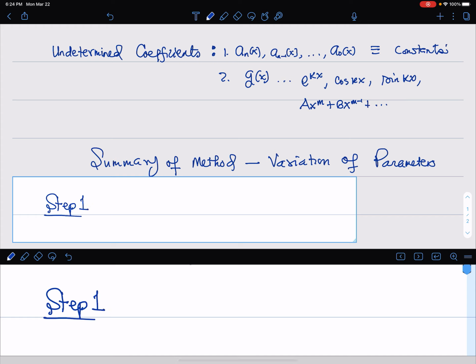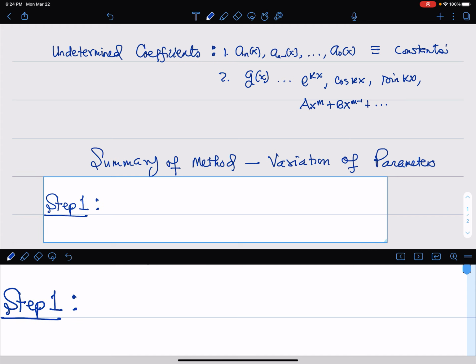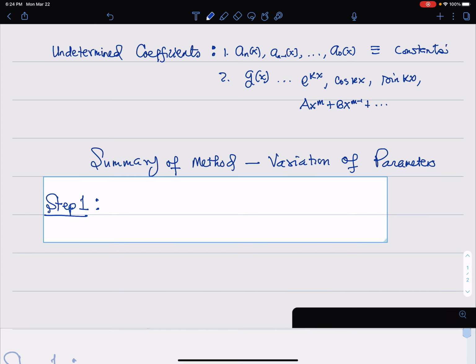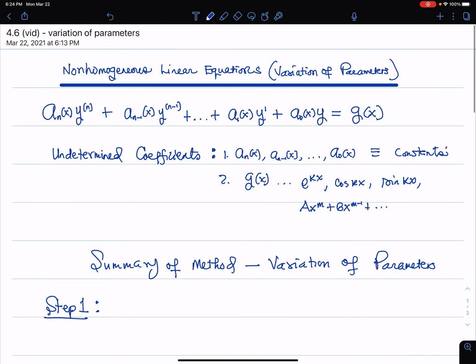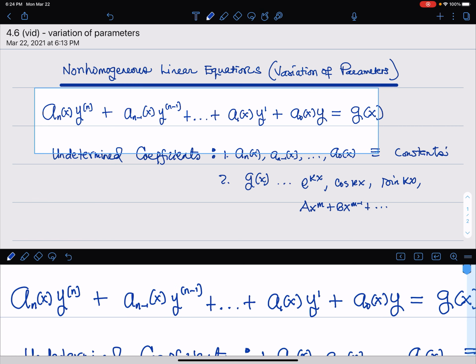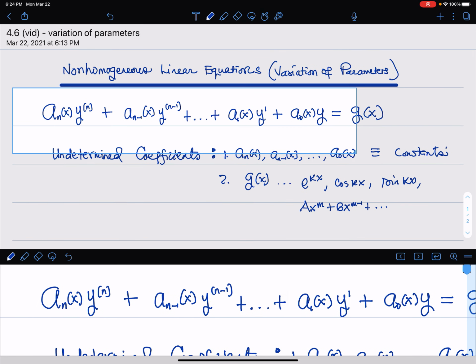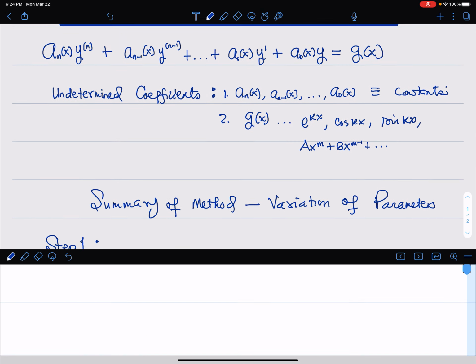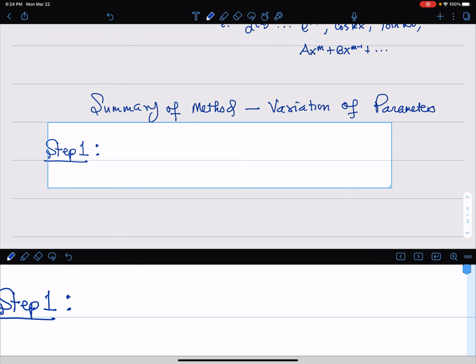Step 1, and I'm not going to prove anything, but I'll try to explain. First of all, we have to make the coefficient of y^(n) equal to 1. So we go to this equation and divide through by an of x.